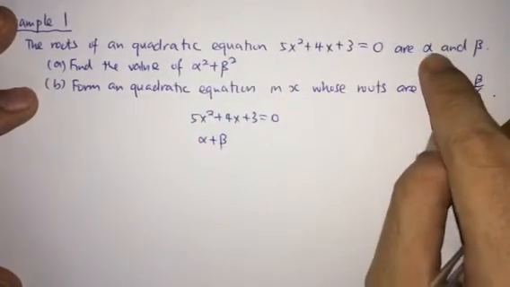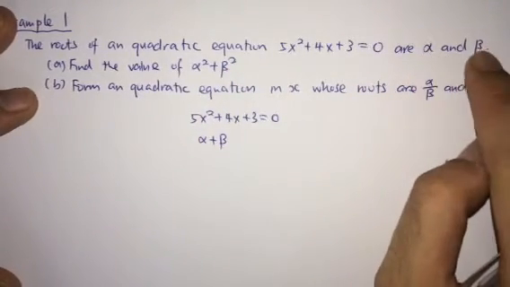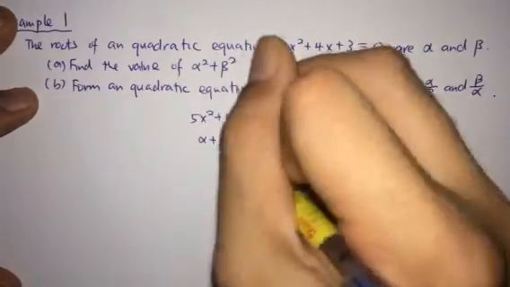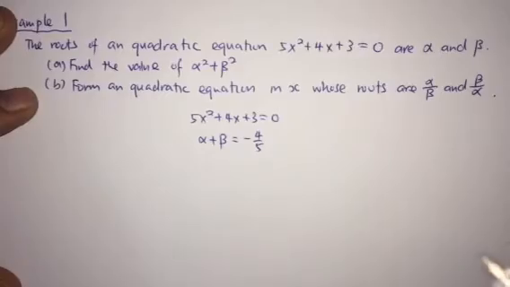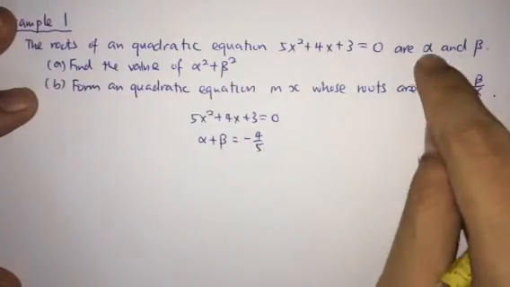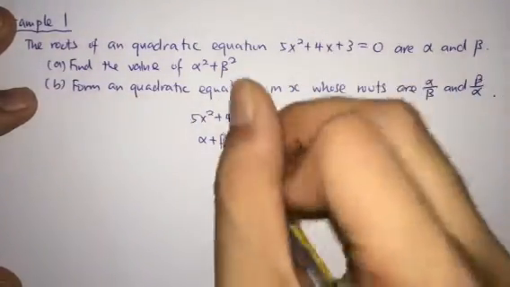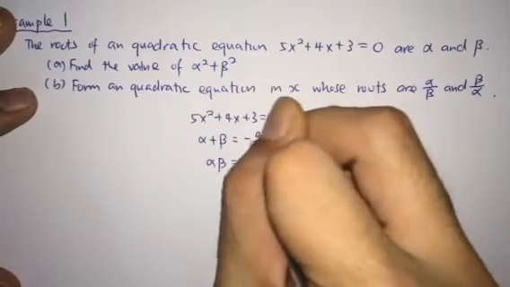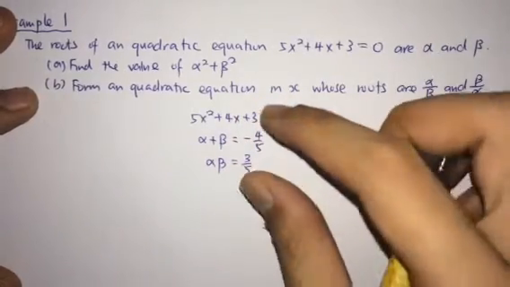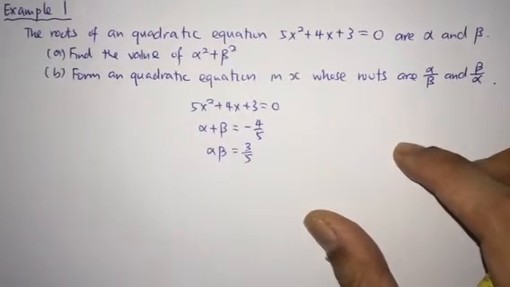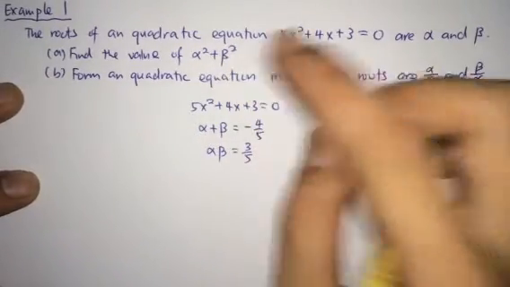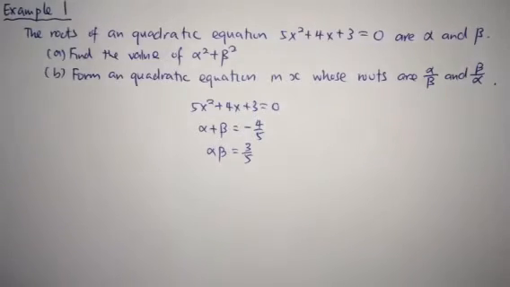In this case, alpha plus beta gives us minus 4 over 5. The product of roots, alpha times beta, will be 3 over 5. Once we have these two relationships, the first thing that we always need to find is alpha squared plus beta squared, regardless of whether the question has asked.